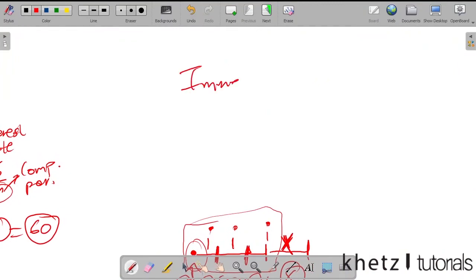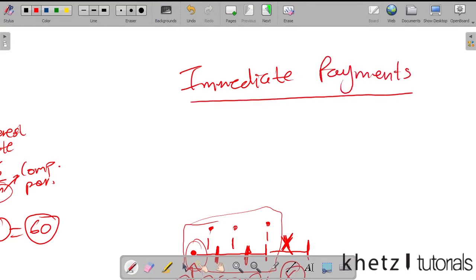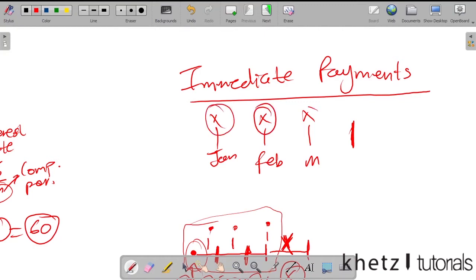Now for immediate payments, this is what would happen. You have January 1st, and you are expected to pay here, there, and there, and over there, let's say you don't have to pay. Let's say it looks something like this. So you actually pay at the start of the period in this case. So you pay at the beginning of that month, and the beginning of that month.